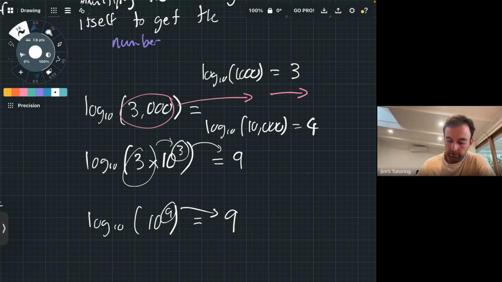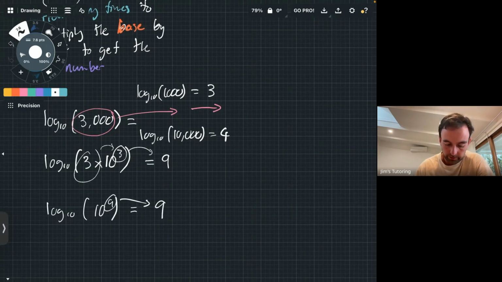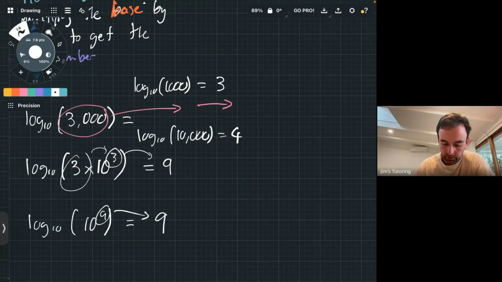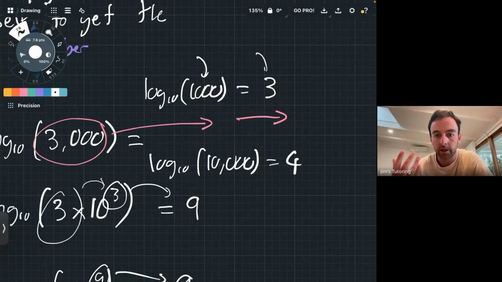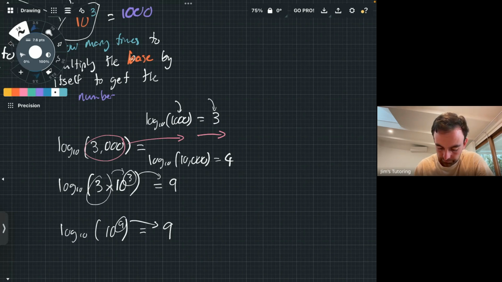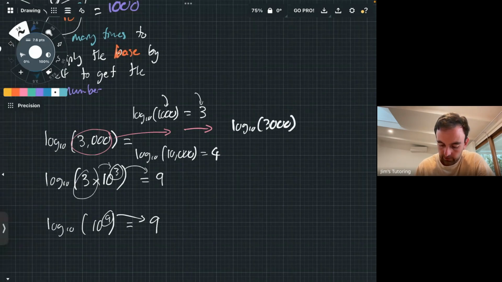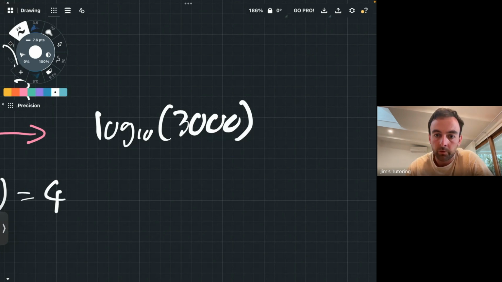And just to go with a more concrete process, what I do is, because the only numbers with logarithms, at least with a base 10, that are going to have a clean, full round number are going to be factors of 10. So things like 10, 100, 1,000. So if I ever get something like log 10 of 3,000, I know that's not going to be a whole number.